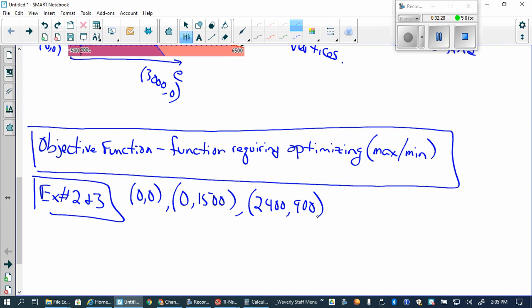And then it was 3000, comma 0. And remember, this is E, comma B for all of them. So now, let's go right over to example 3.